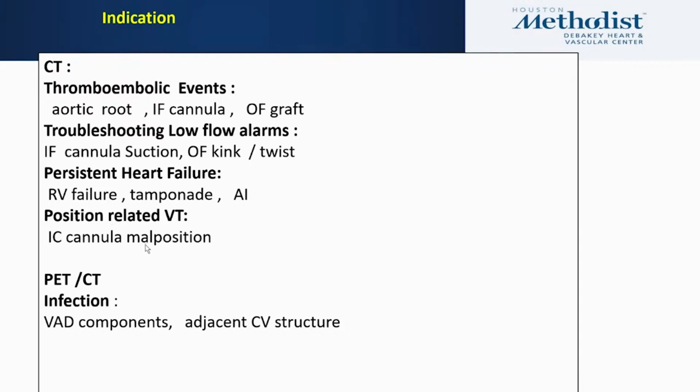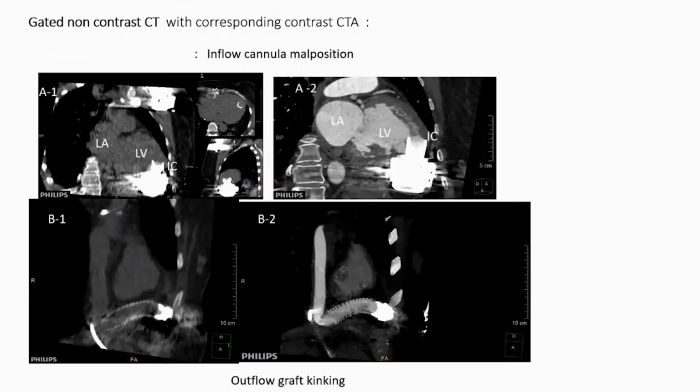And the PET CT, I'm going to mention briefly. The obvious indication is to assess the source of infection. Okay, this is just an example of when you want to see a cannula position, a gated non-contrast CT could be useful.